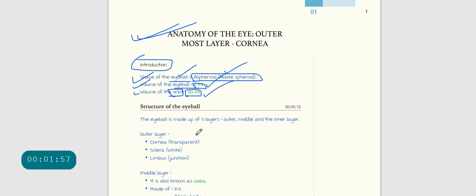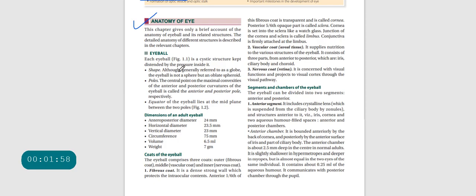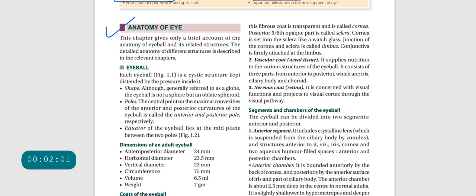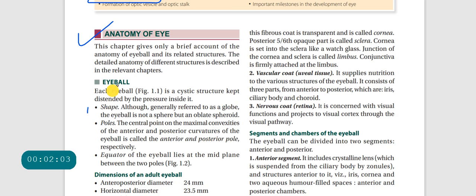So here they have told us that the shape of the eyeball is not spherical, but oblate spherical, as we saw. Then next we have the poles. The central point is maximally convex, so the maximum convexity is present at the central point.